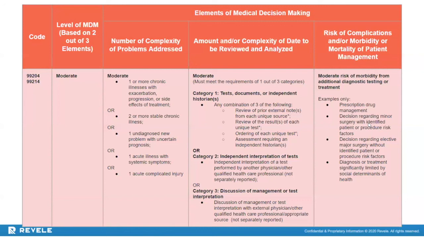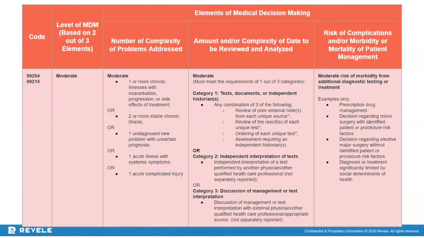This would be with an external physician or other qualified healthcare professional or appropriate source, and it cannot be separately reported in another procedure. And the last would be the risk of complications and/or morbidity or mortality of patient management in this level. This would be of moderate risk.